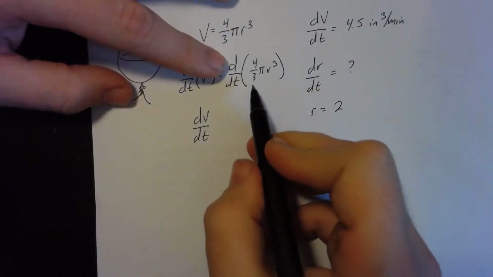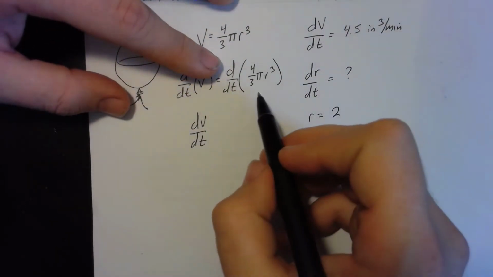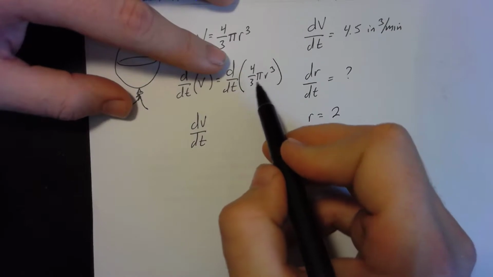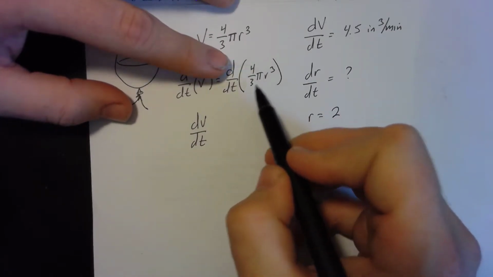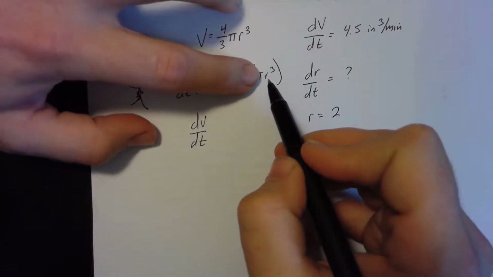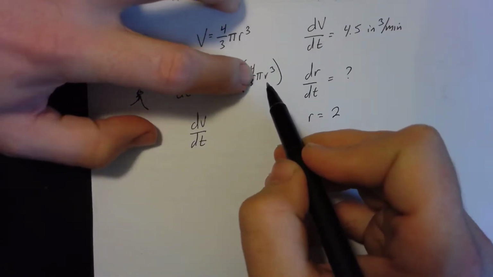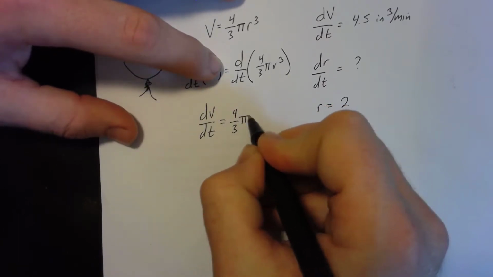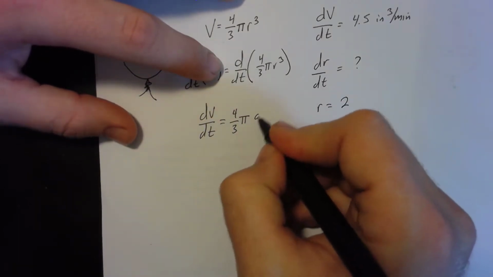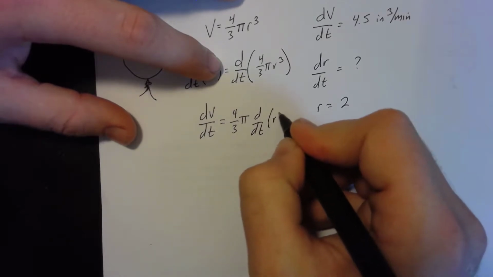This side may appear a little trickier than it is, but 4/3 and pi are just numerical values. Remember, when I have a constant multiplied by a function of a variable, the constant can just be pulled out of the derivative. So I'll show that step using the notation: 4/3 pi d/dt of r cubed.